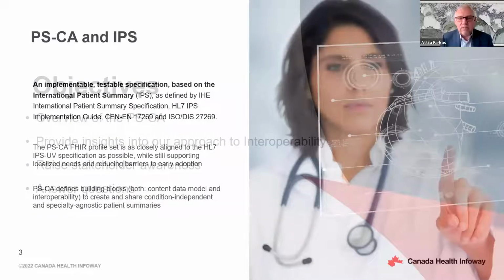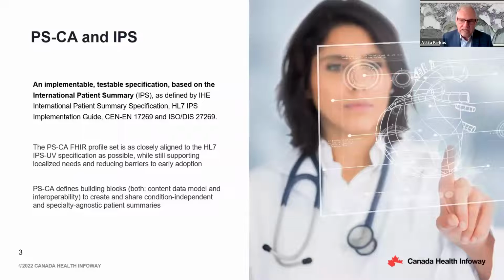So starting from the top, PS.CA and IPS. Some of you might have heard of the IPS. It stands for International Patient Summary. It is a specification that was born out of Europe. There's several standards organizations that have picked it up since. It's several years old now. The main intent for it was to allow patients to have a mechanism by which they can take an extract of their patient record with them when they're doing cross-country travel, as in within the European Union.